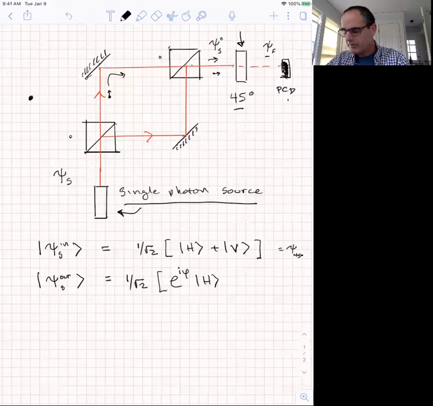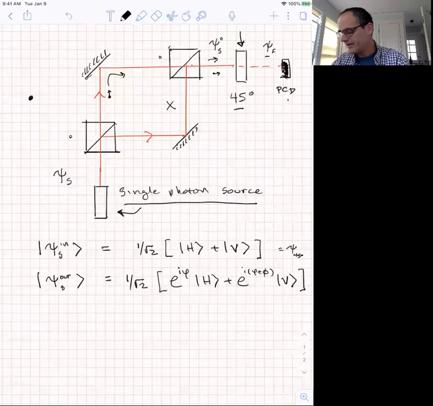And the vertically polarized component will similarly travel through the interferometer. But because it's traveling along the other path, the distance that it travels might not be exactly the same. So it will arrive, in principle, out of phase.